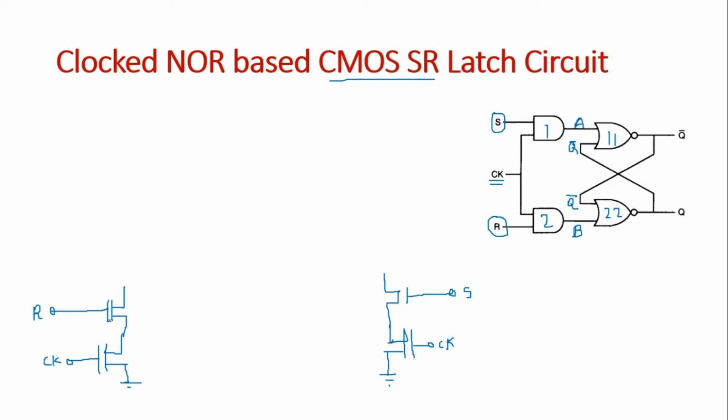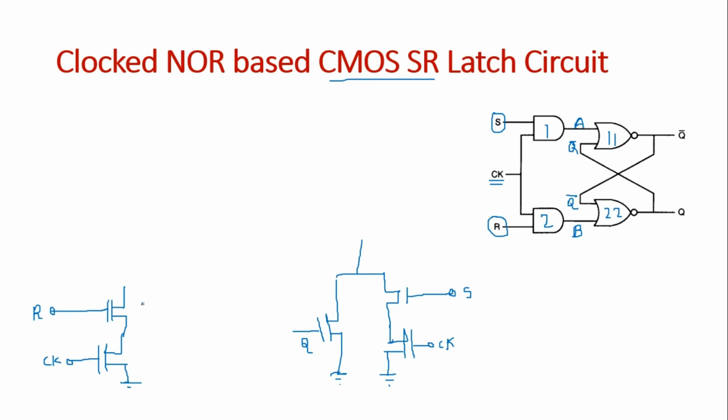As you can see, A is parallel with Q. So here we will draw one parallel NMOS transistor just like this. This is a parallel connection of, let's say this is a Q, and we will connect at this point.